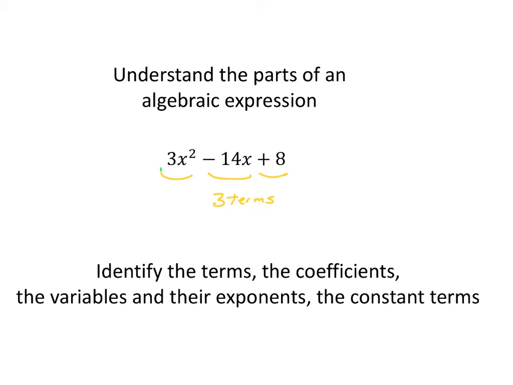In that first term, all of this is counted in that term, the 3 being the coefficient. The x is the variable, and then the variable has an exponent. And then the exponent of 2 on this one.